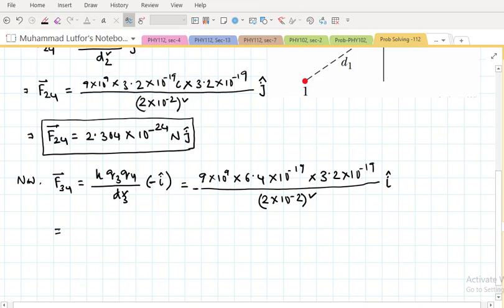If I do that calculation, I'll find that F34 would be minus 4.608 times 10 to the power minus 24 newton i hat. So this is F34.